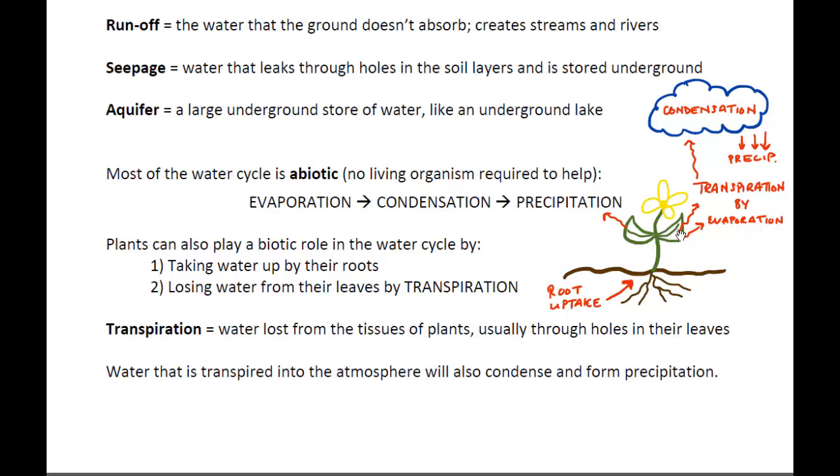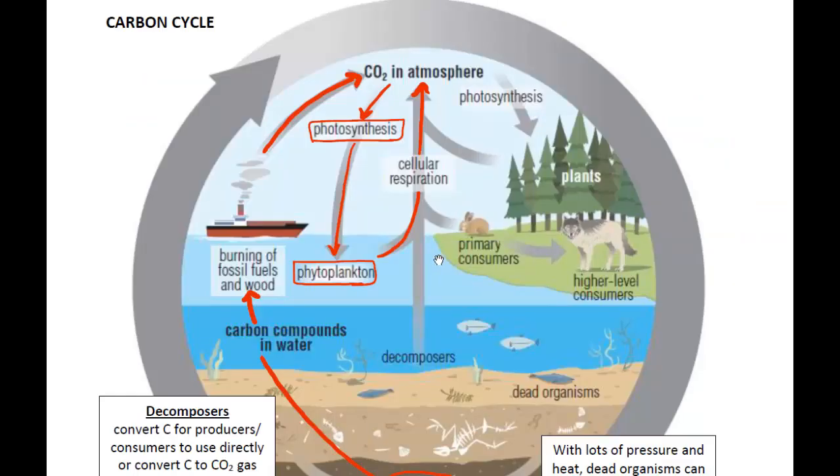This is where they breathe. This is where they exchange gases, in their leaves, basically like their lungs. And then there's something called transpiration. Transpiration is a fancy way of saying that the plants begin to lose water. So water is lost from the tissues of the plants. And when that happens, it evaporates into the air, and then that can also go up into the atmosphere and condense and form precipitation.